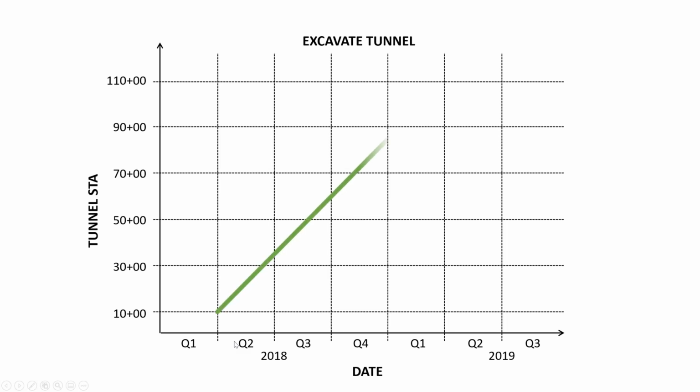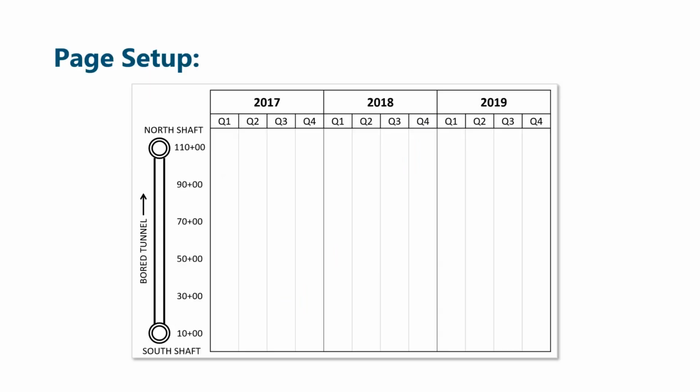And you can draw the activity of the tunnel boring machine moving. You could also show more detail with a learning curve to start, stops along the way for maintenance, things like that. So what we're going to do is combine this simple chart with some of the other activities from the first schedule. Here's a 1-page setup for the linear schedule.